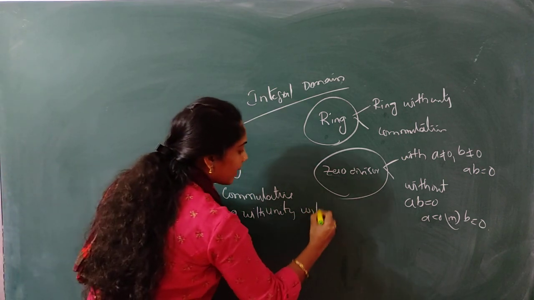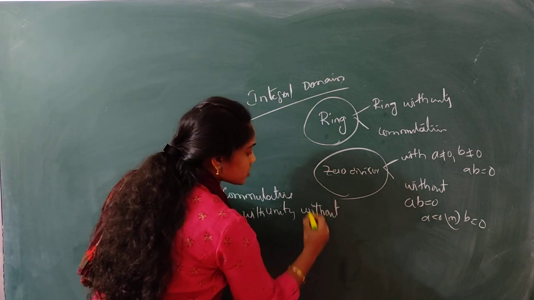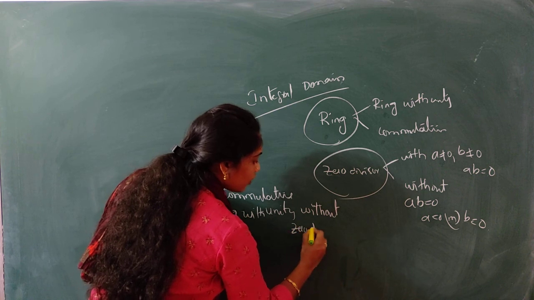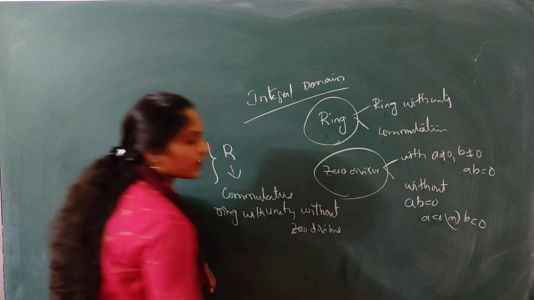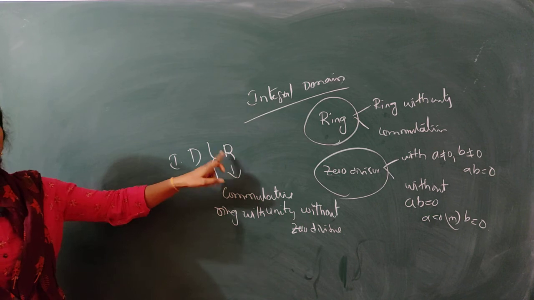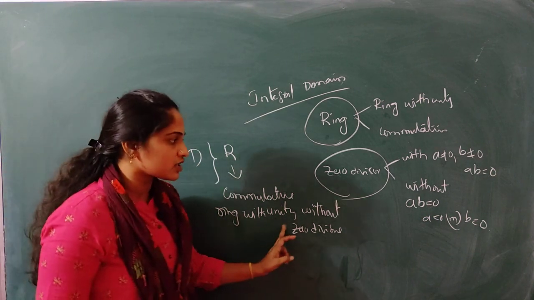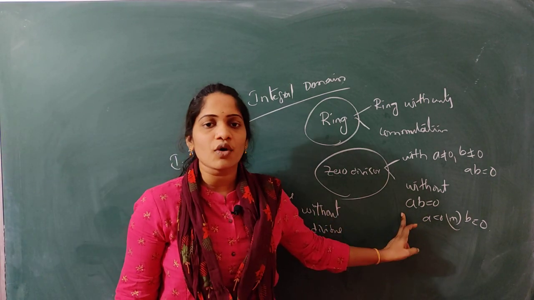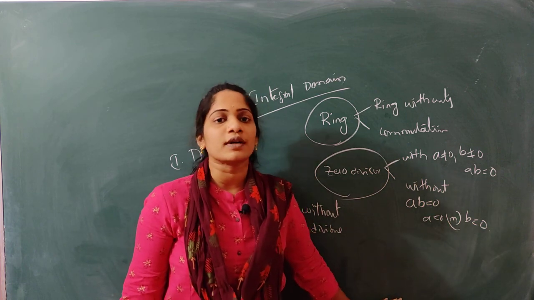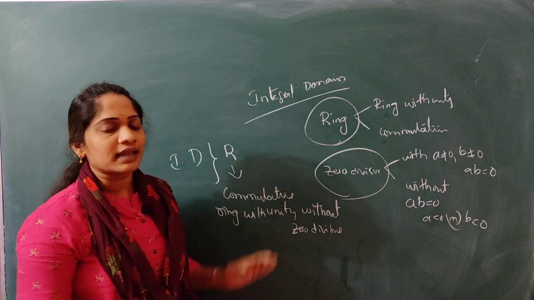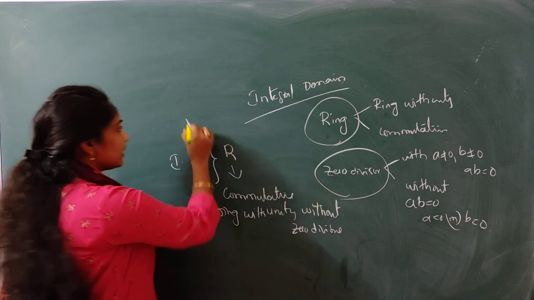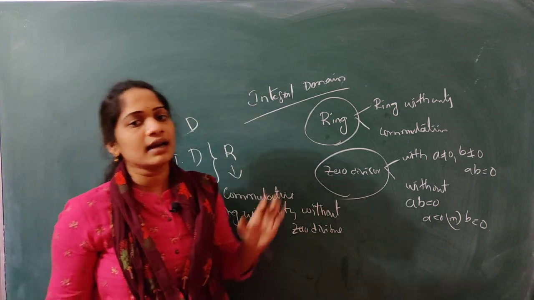Without zero divisors means AB equal to 0 implies either A equal to 0 or B equal to 0. Then you can say that the given ring, or given non-empty set D, is an integral domain.